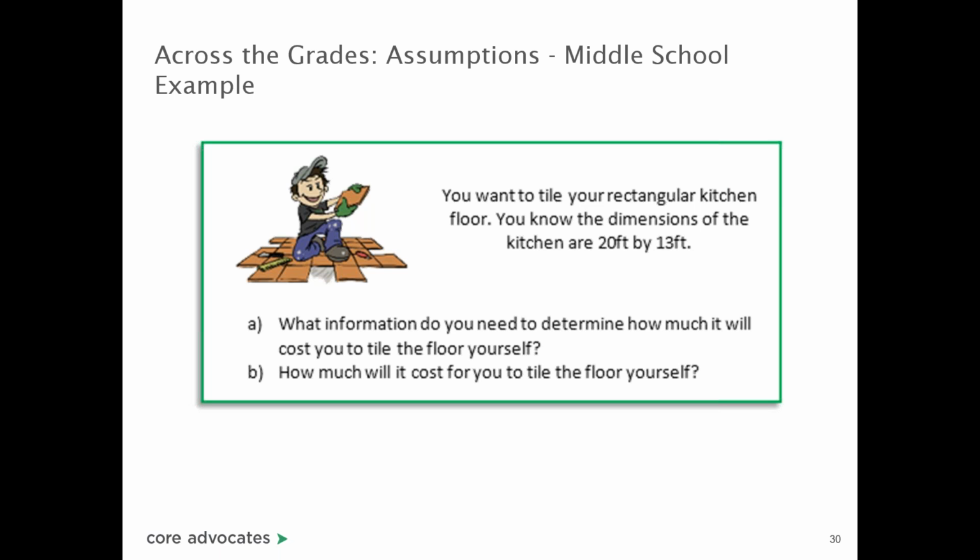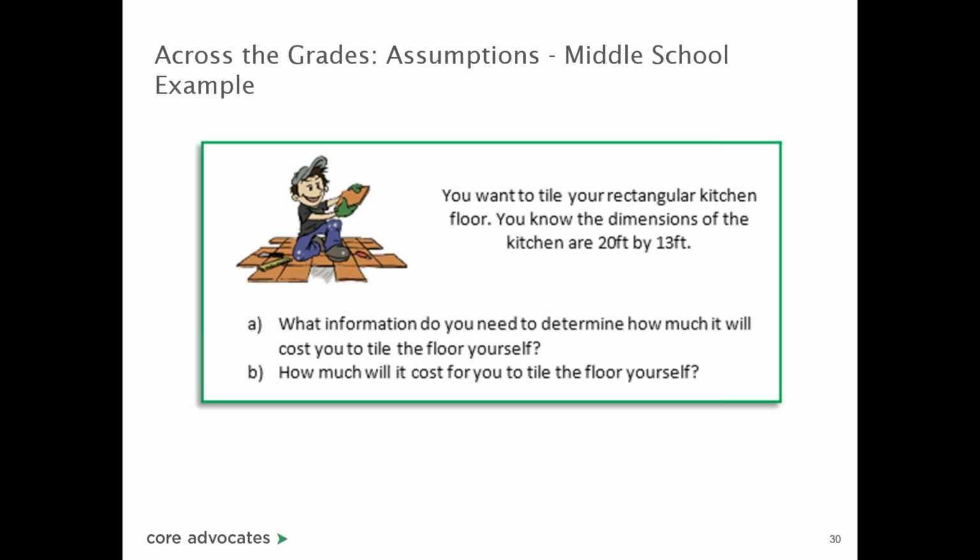So what we can see in this problem, we're still given some information. It's a rectangular floor. We're given the dimensions of the floor, but now we're being asked as middle school students, what information do we need to know to determine how much it's going to cost? So students have to make some assumptions about the size of the tile, the cost of the tile. Are they using any other materials?